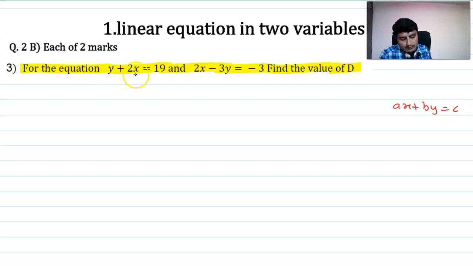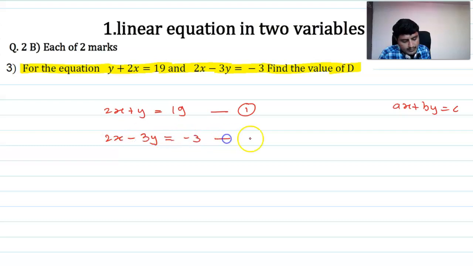So we are given y plus 2x, and addition is always commutative. We can write y plus 2x as 2x plus y equals 19, call it equation number 1, and the other equation we have is 2x minus 3y equals minus 3, call it equation number 2. Now as per Cramer's rule, we have to evaluate the value of determinant d.